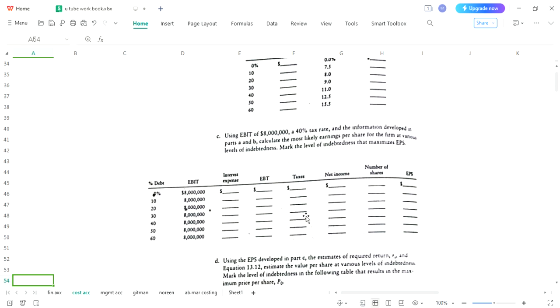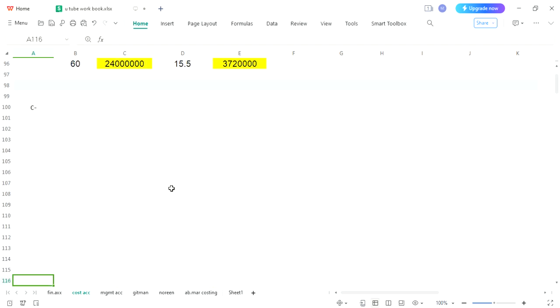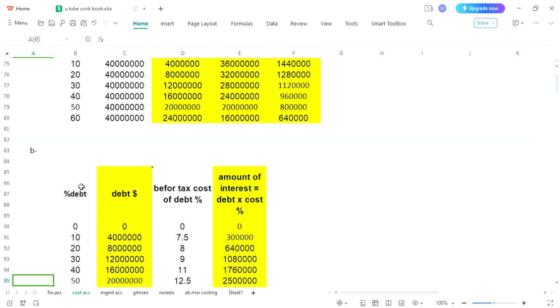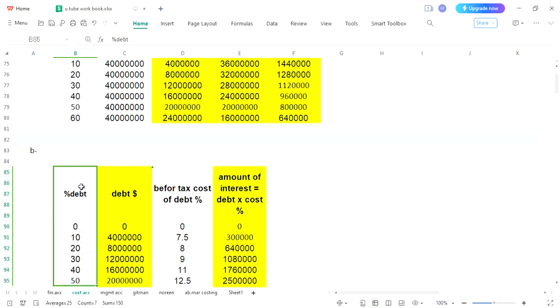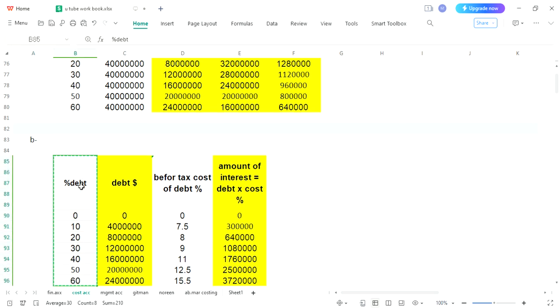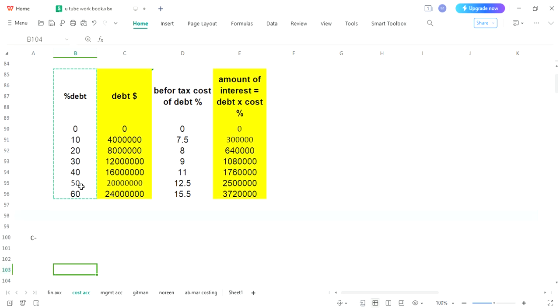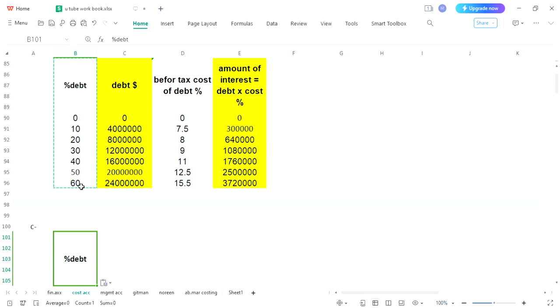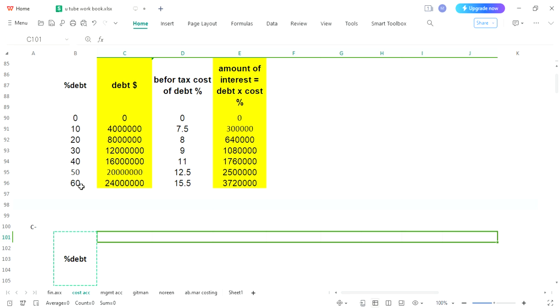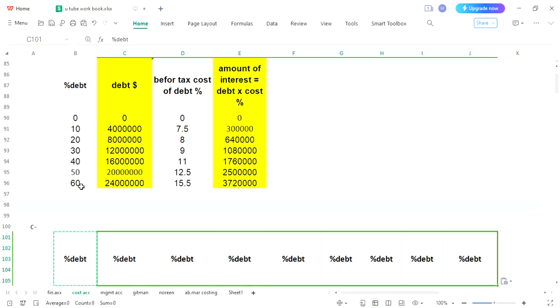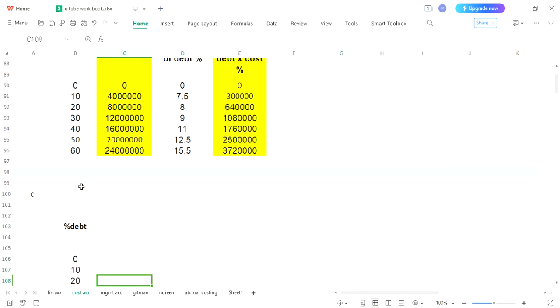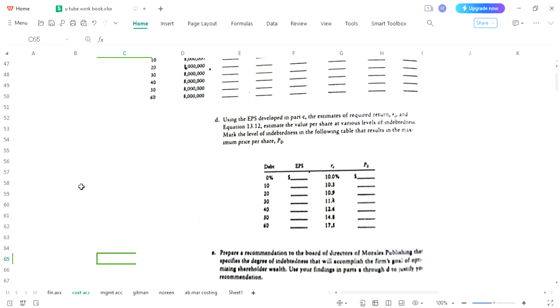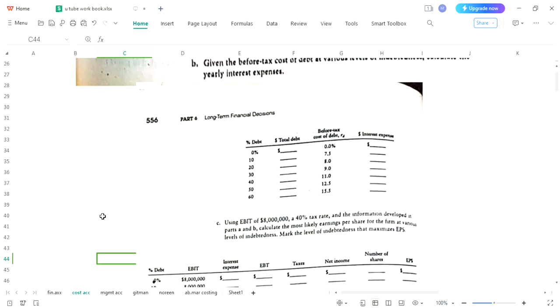We have first column with percentage debt, and luckily this percentage of debt is already present. We are copying it, putting over here. Okay, and since this heading would be used for all of our columns, let's make these headings first. Now second column, let's see, second column is your interest expenses.